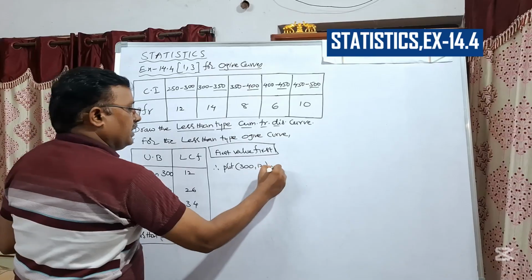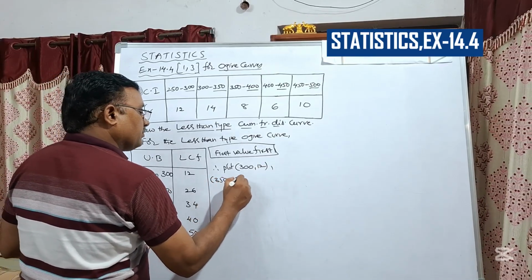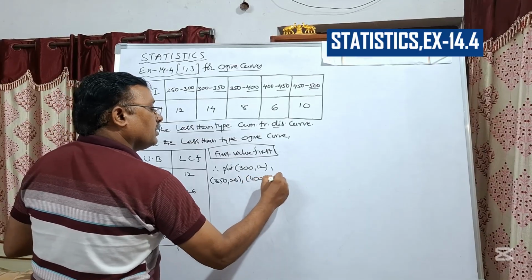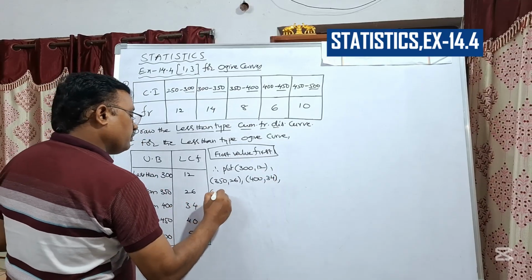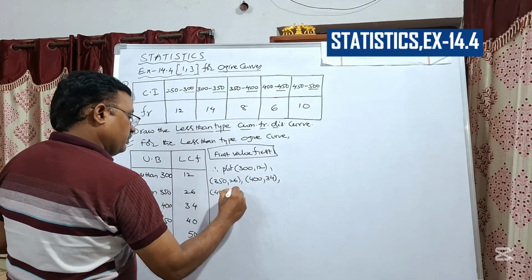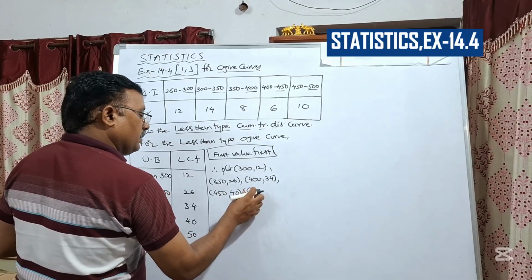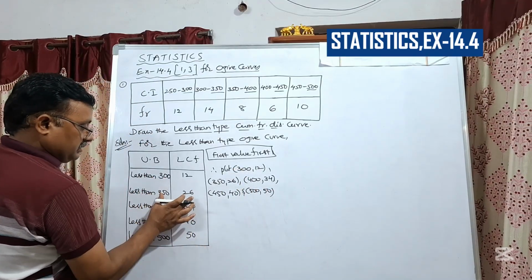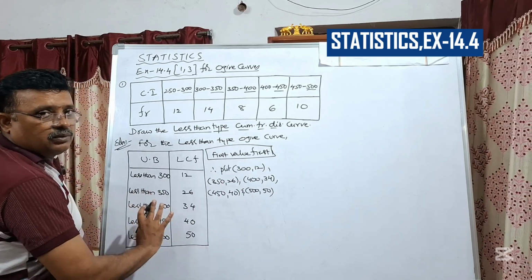Next, ordered pair 350 comma 26, 400 comma 34, and the next point 450 comma 40, and the last one 500 comma 50. These are the 5 points required to plot. How to plot them?